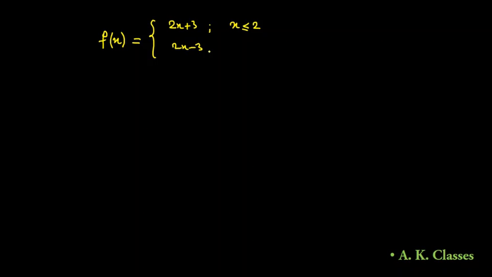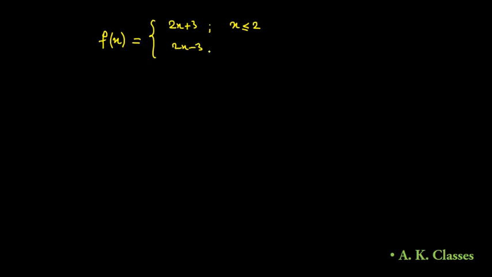Here left hand limit equal to right hand limit equal to value of the function at -3, so f is continuous at x equal to -3. Fine. Now you have to check at x equal to 3.